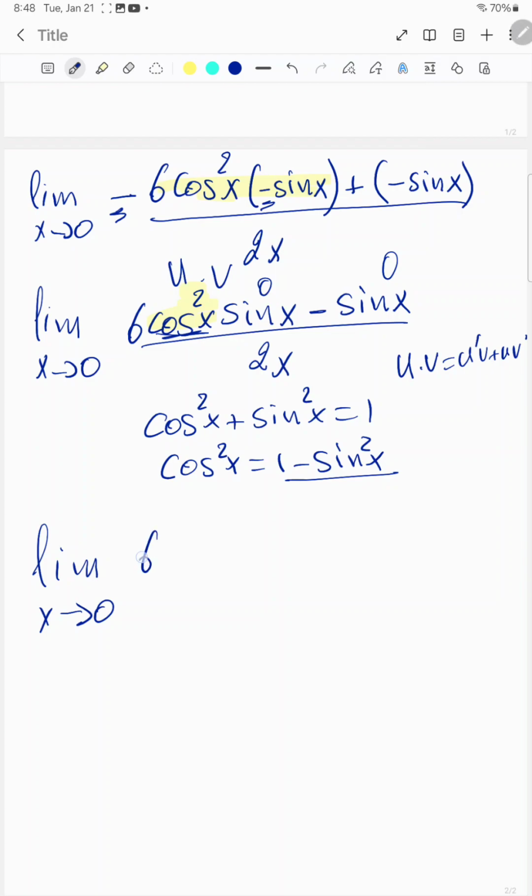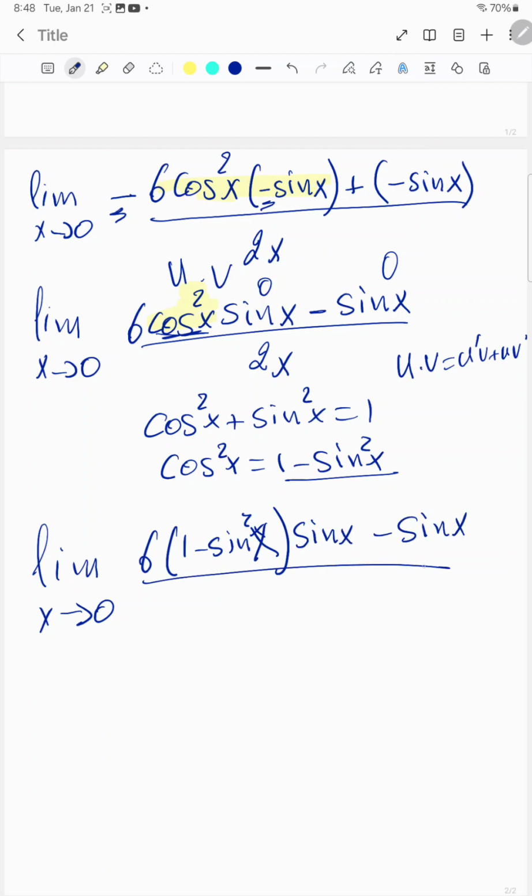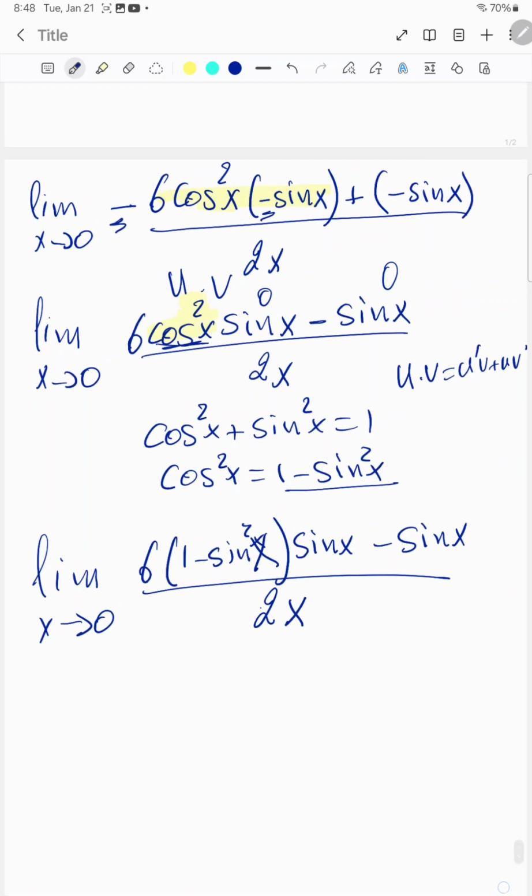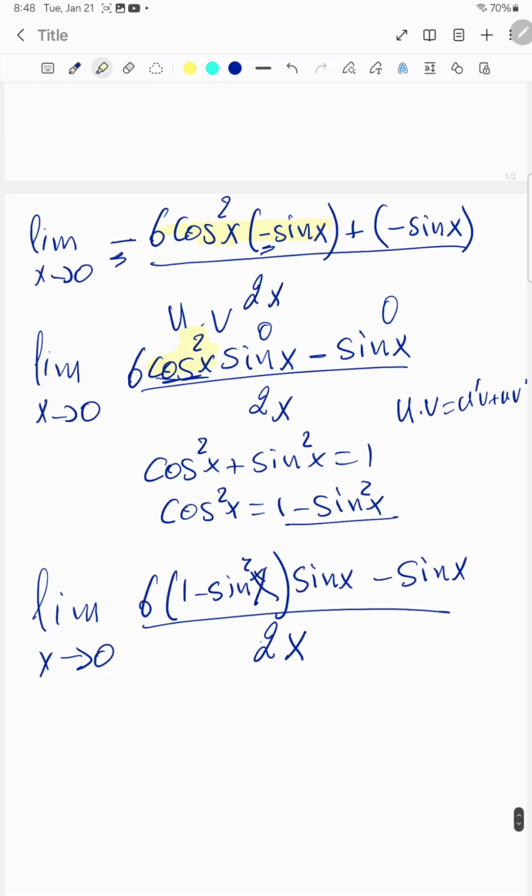So it becomes 6, and I replace cosine square of x by 1 minus sine square of x, multiplied by sine of x, minus sine of x, divided by 2x. So all I did is replace cosine square of x here by 1 minus sine square of x. So now I have to distribute the sine and the 6 inside the parentheses.